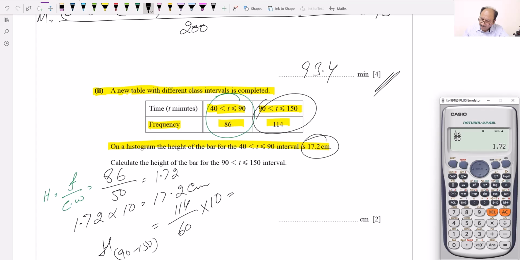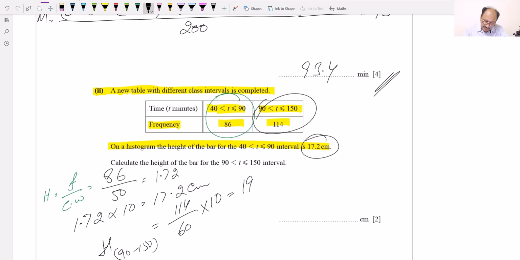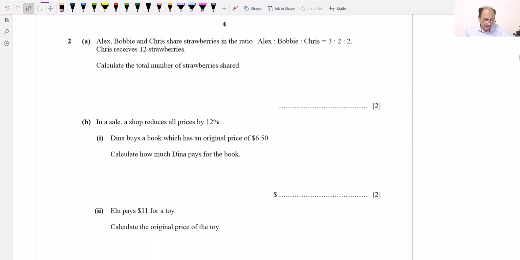So 114 divided by 60, multiplied by 10, is equal to 19. This will be our final answer, 19 centimeters, and this is for 2 marks. Hopefully you understood this.